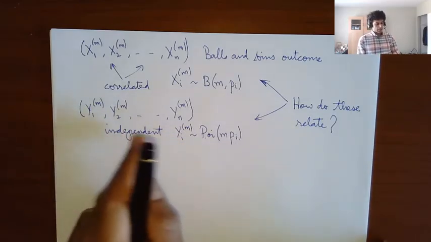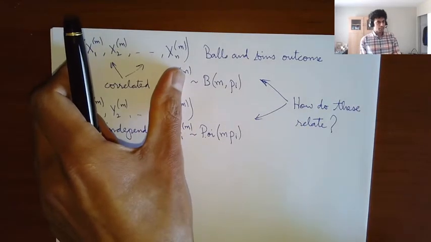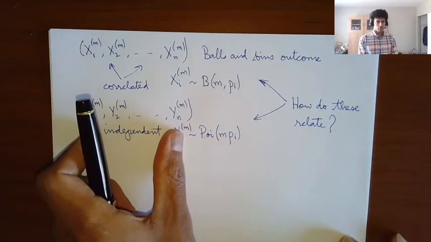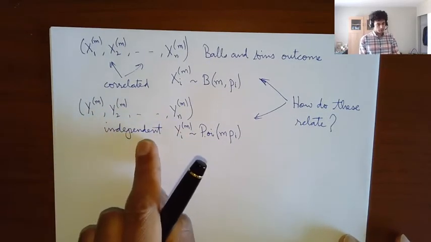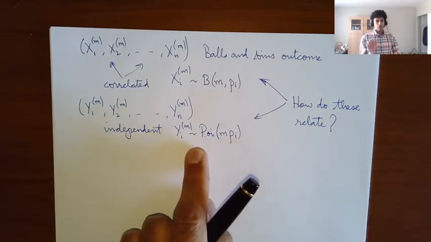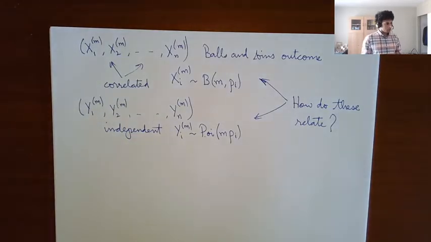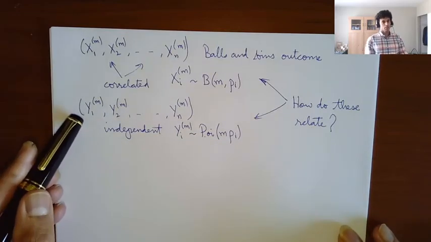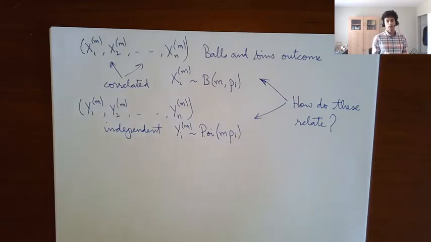And here the Poissons are independent, so often you'll take a sequence of random variables, massage them to get convenient random variables, where convenience often translates to independence and nice formulae for the distributions. So now that we've done all this setup, this is going to be the focus of our lecture. How do we relate these? And we'll see that there are actually very nice relationships, so that if you need to do a balls and bins analysis, you can replace them all by independent Poissons, and then the math becomes significantly easier.